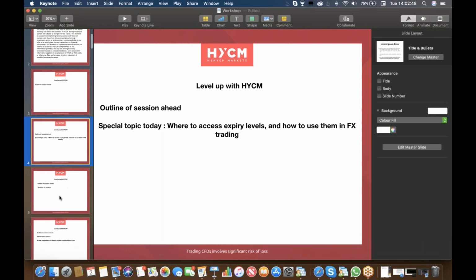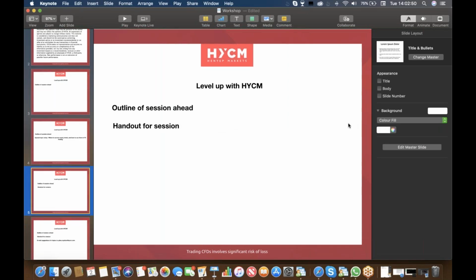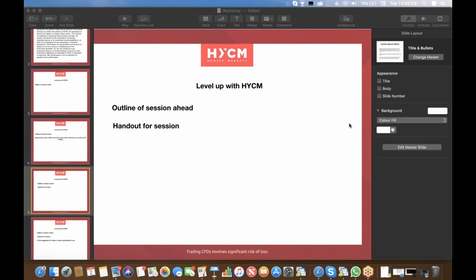Looking ahead, we now see the handout for the session. If you go to your handout section, which is on the right-hand side of your GoToWebinar control panel, you will see a handout that says Workshop Guide April the 2nd. If you click on that, you will have a workshop guide which looks like this.